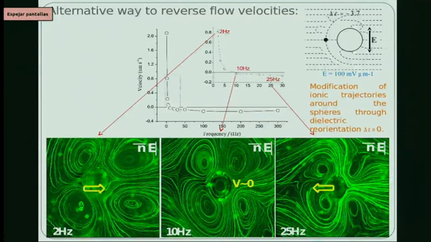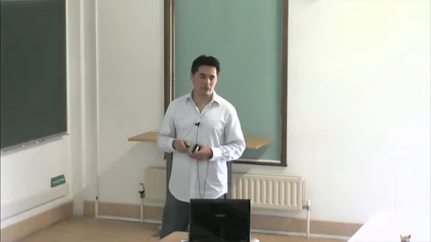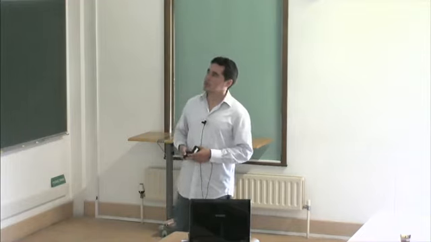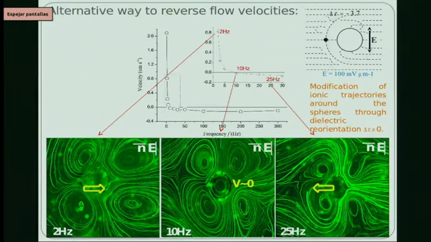So if the balance is controlled by the ratio of mobilities, then we can think that there are other ways to modify the trajectories of the ions around the particles, which in principle should modify the integral of mobilities along the path. So in this case, we are using a non-zero delta epsilon. When we apply an electric field, what we are doing is just modifying the orientation of the liquid crystal around the particle.